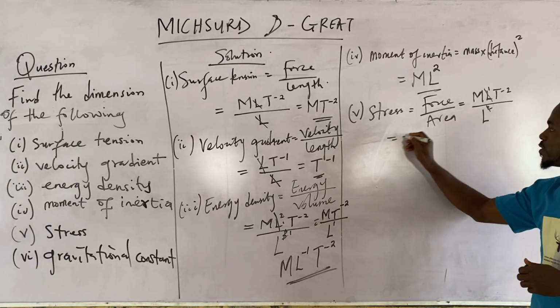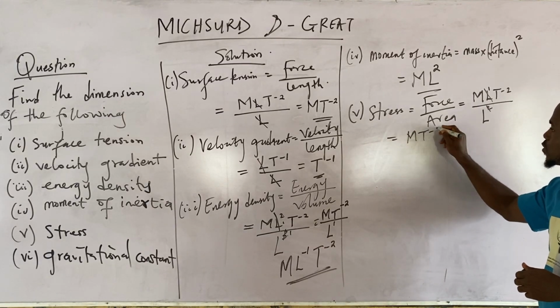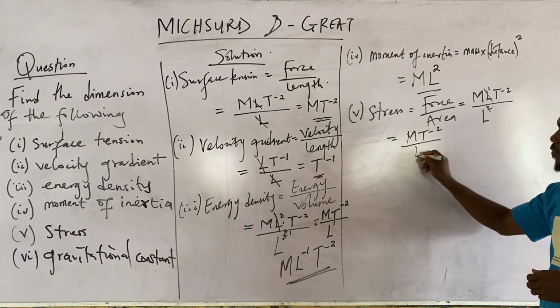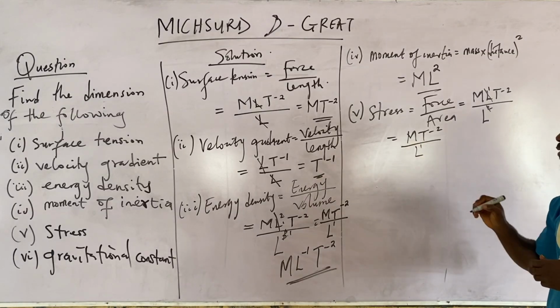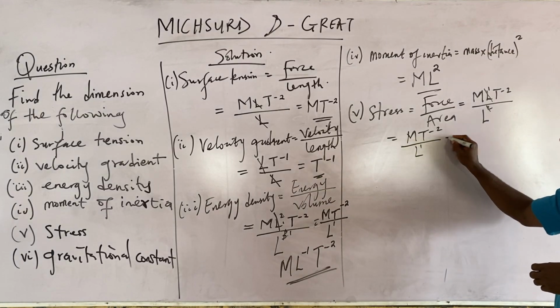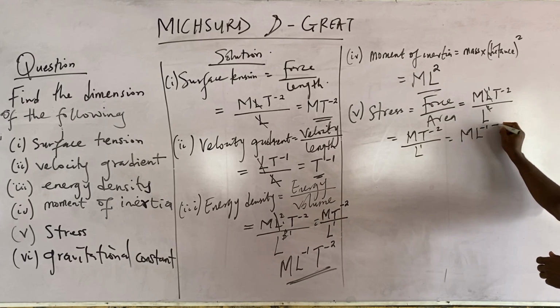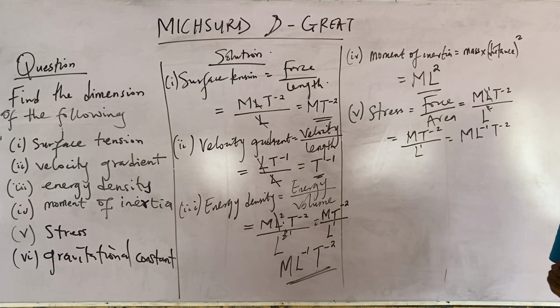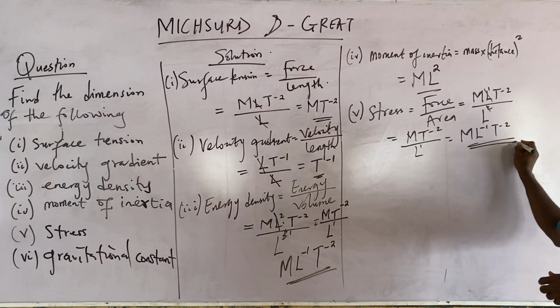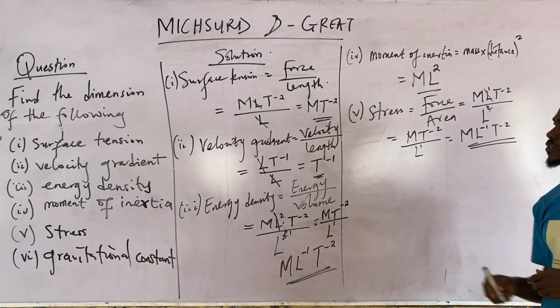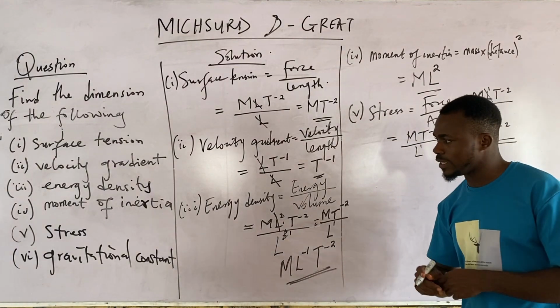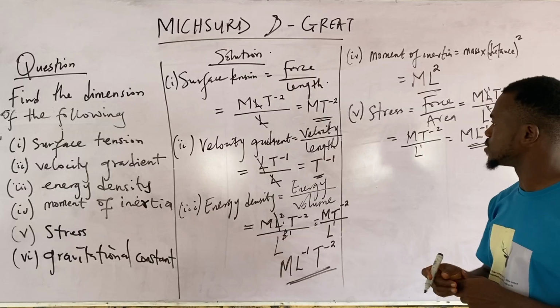Then we'll have MT^-2 over L^1. Now I want to bring the L up, so it changes to minus 1: ML^-1T^-2. So that gives us the dimension for stress. Now the next one is the gravitational constant.